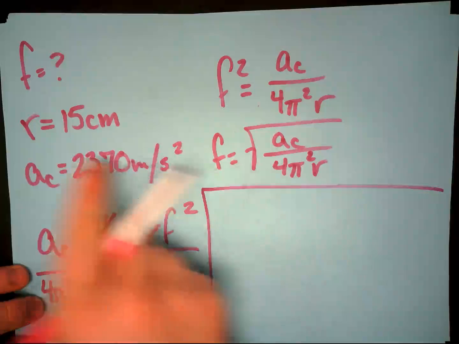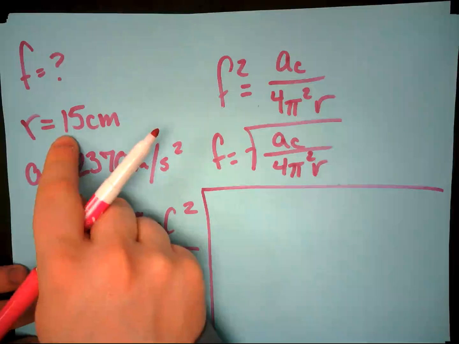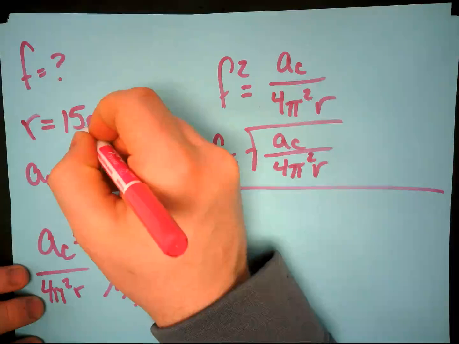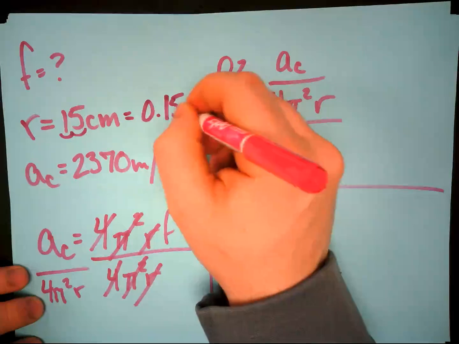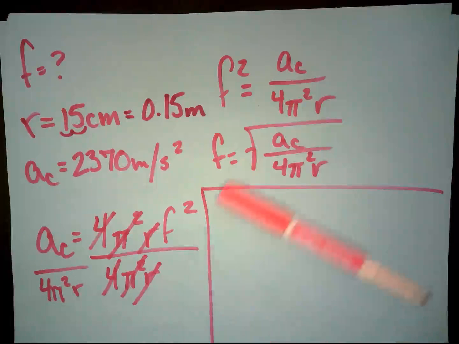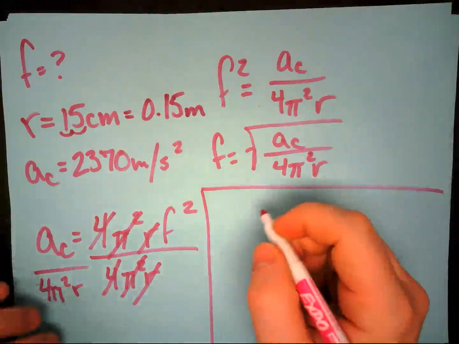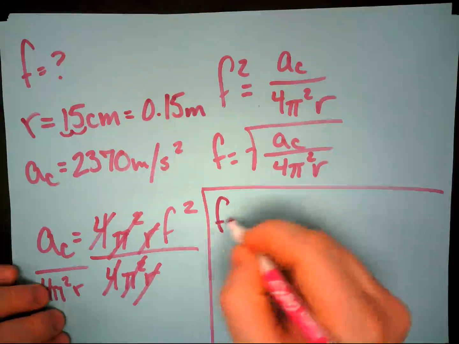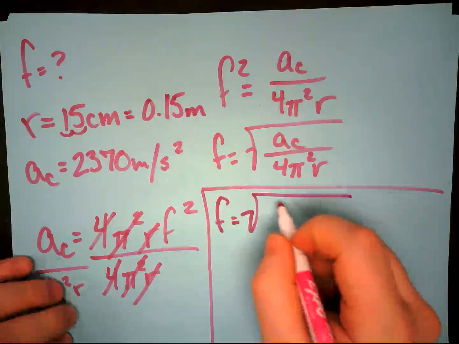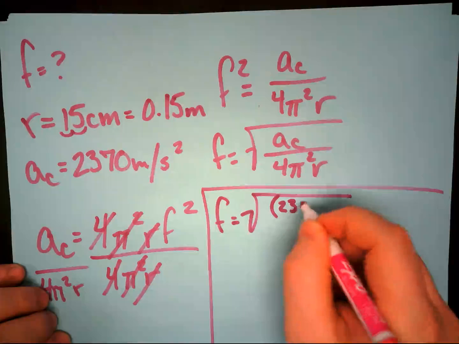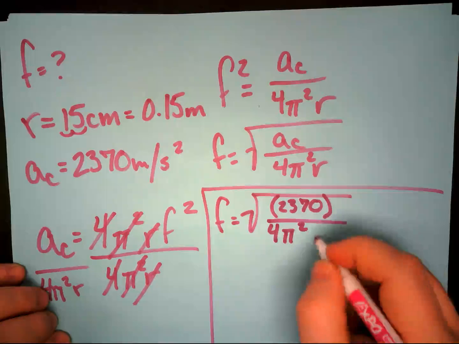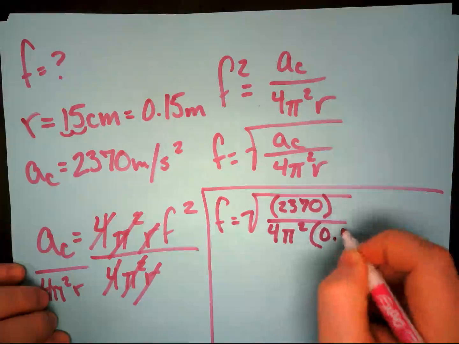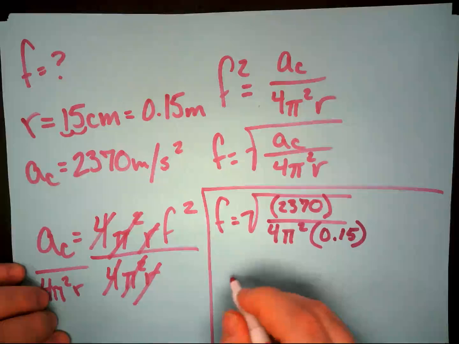But before we do that, there is one thing we have to change. We've got to change this to meters. So I'm just going to go 1, 2. And so I actually have 0.15 meters for my radius. Now I'm ready to plug in. Frequency is equal to the square root of 2370 over 4 times pi squared times 0.15.